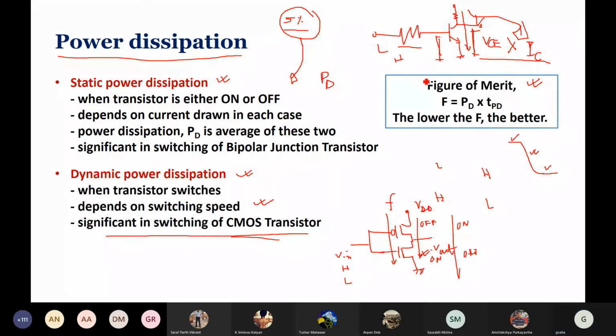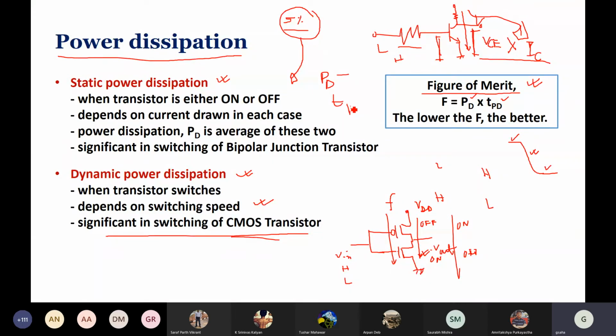So if you are looking for some figure of merit of a particular design topology, design architecture, design structure, it is the power dissipation multiplied by propagation delay. This is power dissipation, and propagation delay is TPD that we have considered before.